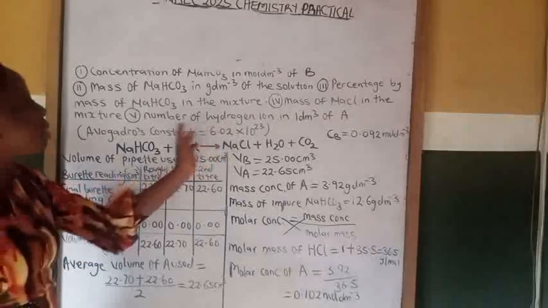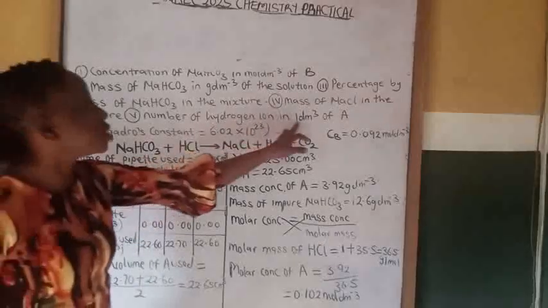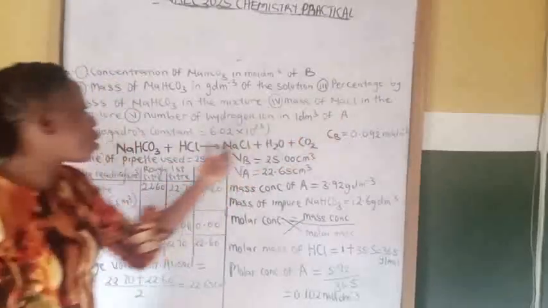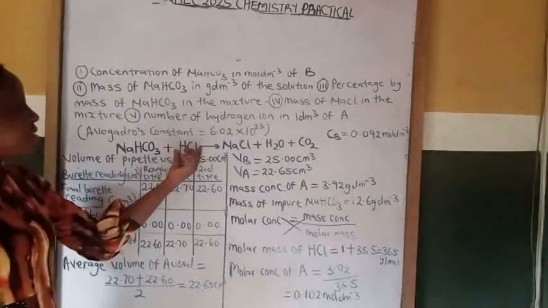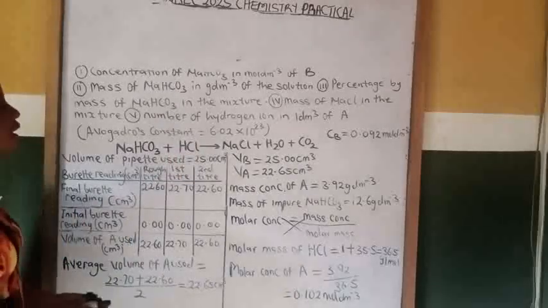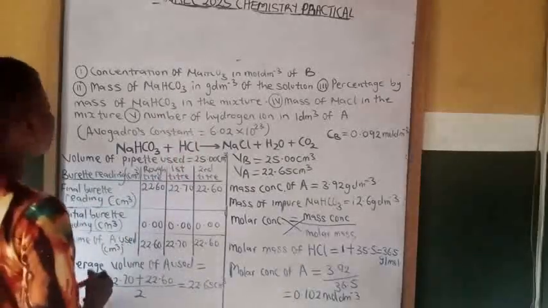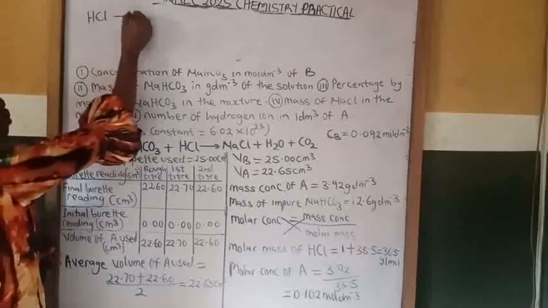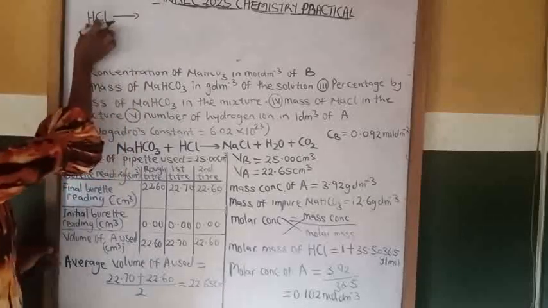We are looking for the number of hydrogen ions in 1 dm cube of A, that is our acid, hydrochloric acid, HCl. So we are going to write the dissociation of the acid, HCl.